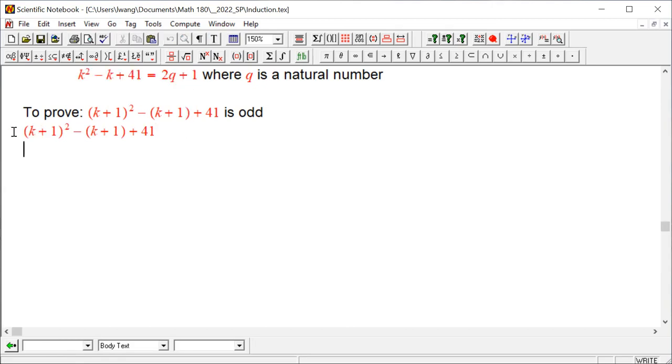Now, we're going to FOIL. The first parentheses, something squared: k squared plus 2k plus 1, minus k minus 1, plus 41.